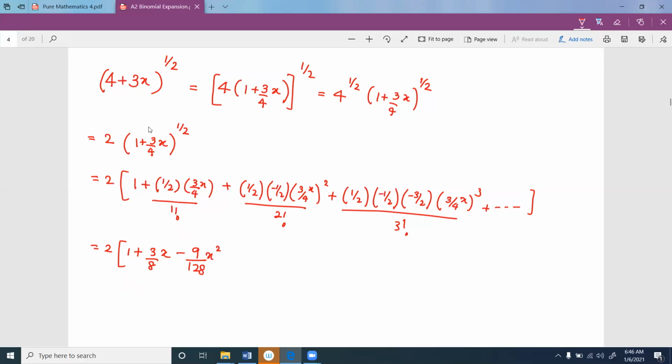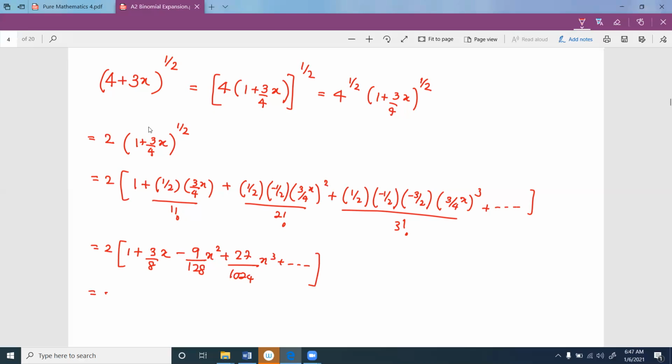Then operating the next one, half into minus half into minus 3 over 2 into 3 over 4 cubed. 3 cubed is 27, 4 cubed is 64, so 27 over 64. That answer divided by factorial 3 becomes 27 over 1024. It's a plus value. Plus 27 over 1024 x to the power 3, and it goes on as an infinite series.